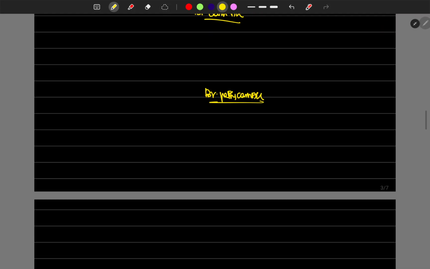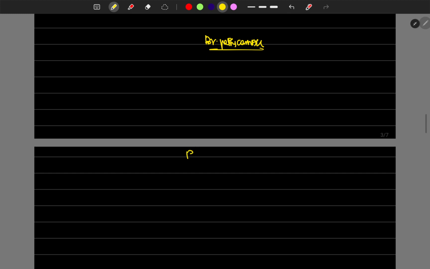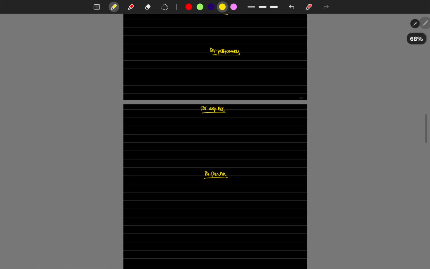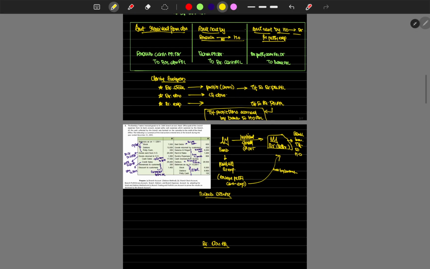Branch petty cash, then branch expenses, then branch P&L. These are the ledgers we have to open.